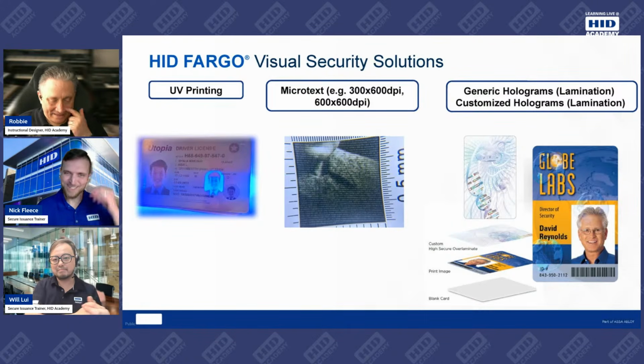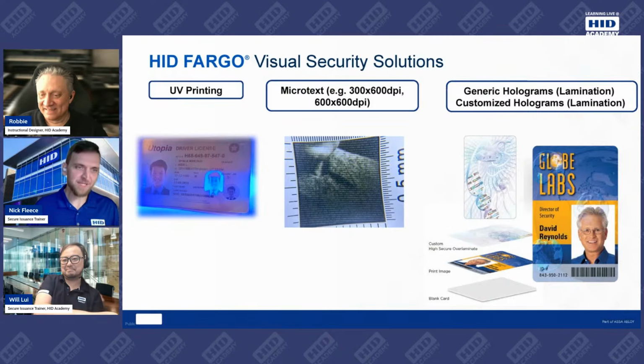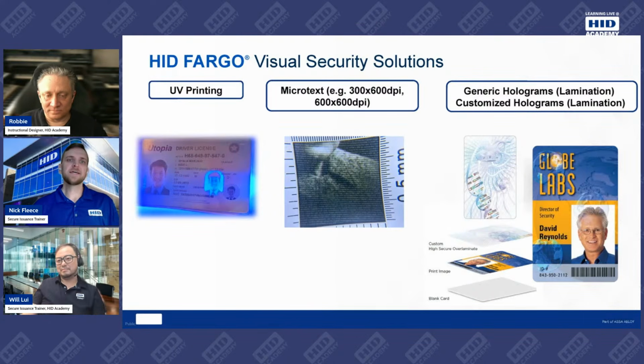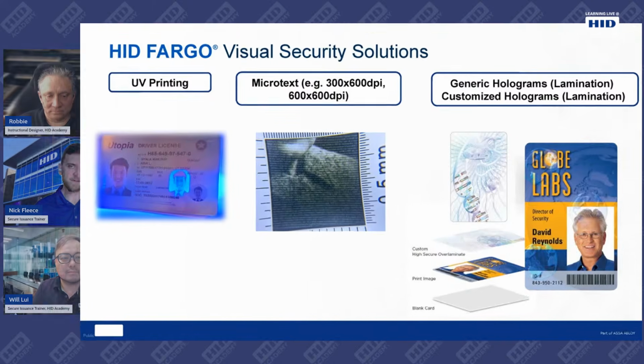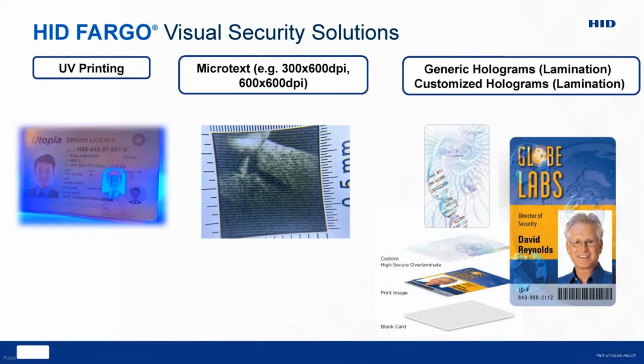Thanks, Will. Another option we have for added visual security elements on the card is generic holograms. On all of our printers that are compatible with lamination, so the DTC 1500, the DTC 4500E, and both retransfer printers, you have the option of custom lamination with either a custom hologram on it or one of our standard generic holograms.